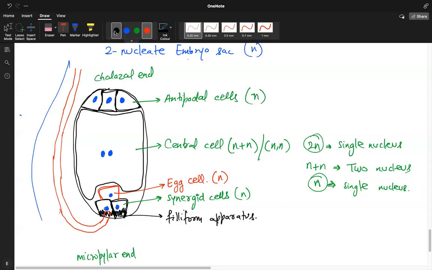And if you remember, 3 nuclei are traveling in this tube. Can you tell me what these 3 nuclei are? What is the leading one? It is the vegetative nucleus, right? And these 2 which are trailing are the generative, male nuclei. Now when they are in the tube and they have divided, you can still call them generative nuclei.